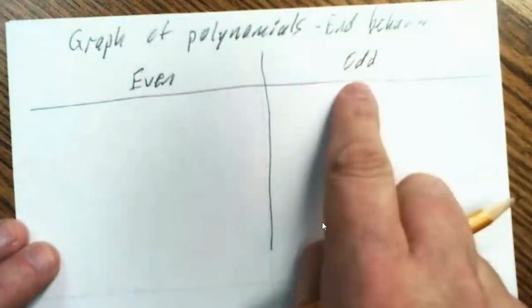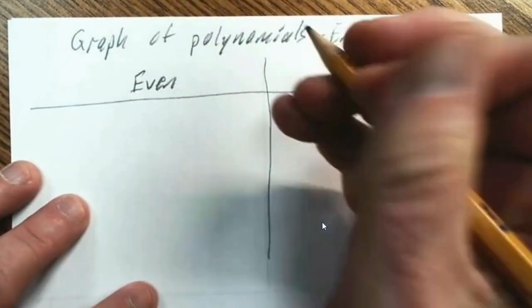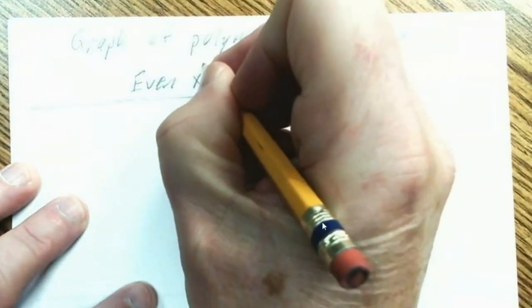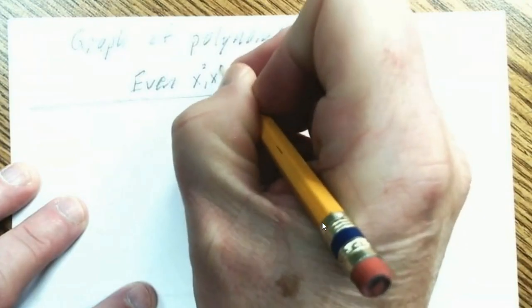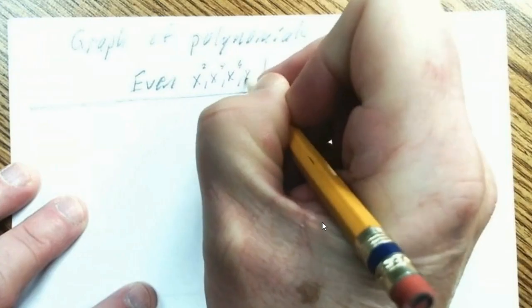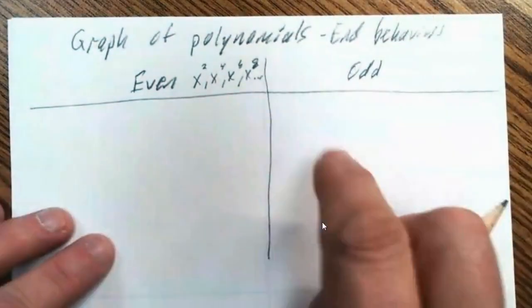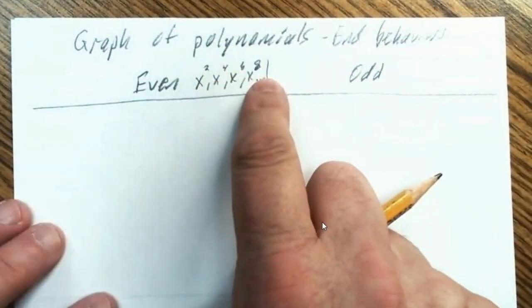And what do I mean by even or odd? I mean the highest exponent. Like this would be x squared or x to the fourth or x to the sixth or x to the eighth, et cetera, right? That it's an even number, largest exponent.